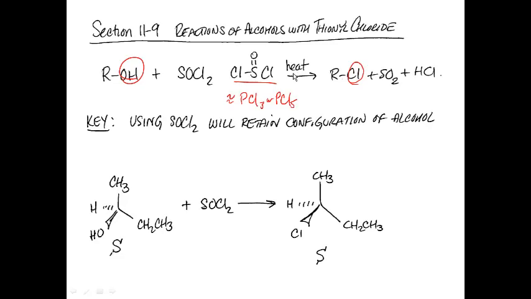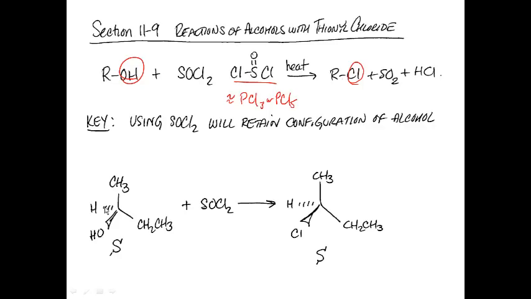But there is something special that occurs with thionyl chloride, and that is that if we were to use an optically active alcohol, there are actually three possibilities stereochemically for substituting a halogen for the OH. One is we could get retention.